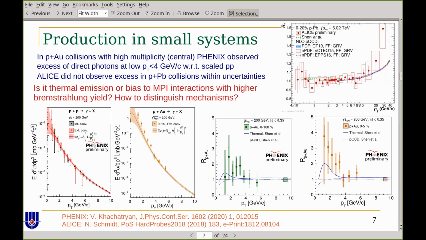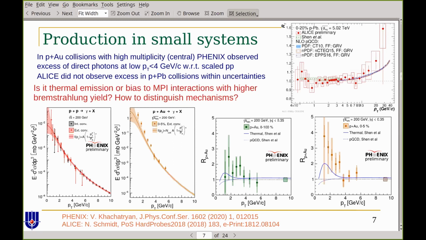So it would be interesting to understand what is the reason for this excess of low pT direct photons, even in such small systems, whether it should be attributed to thermal emission of hot matter created in such collisions, or we are just biased towards some special processes which produce a higher number of final hadrons, but as well produce higher Bremsstrahlung photons and so on.